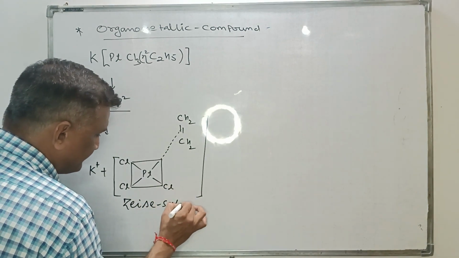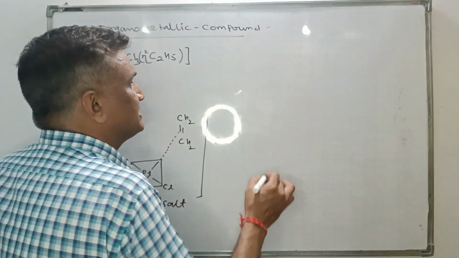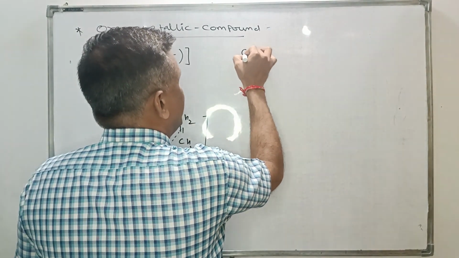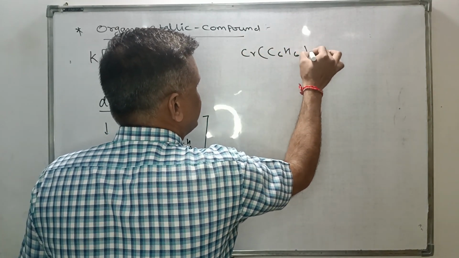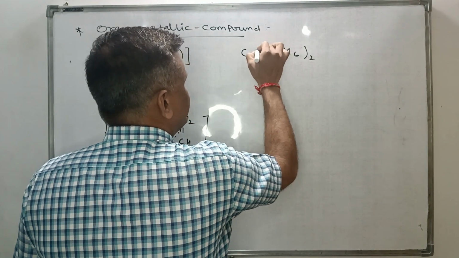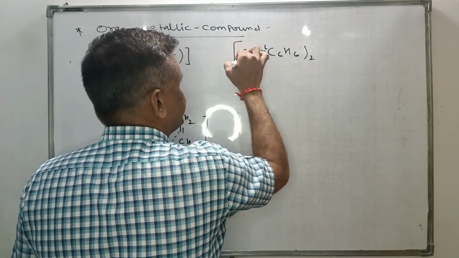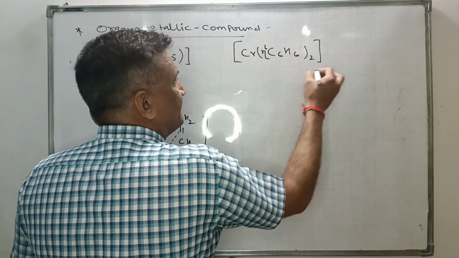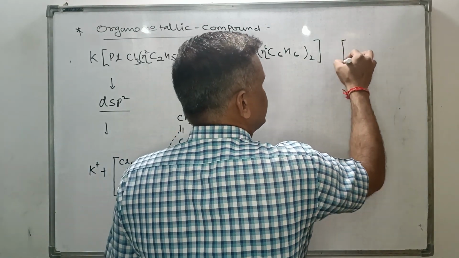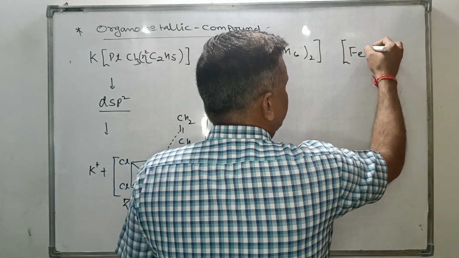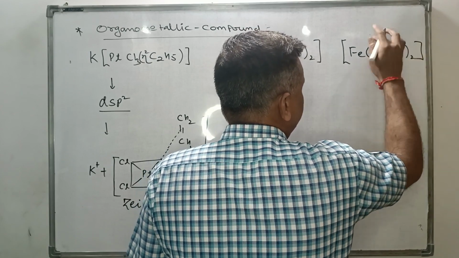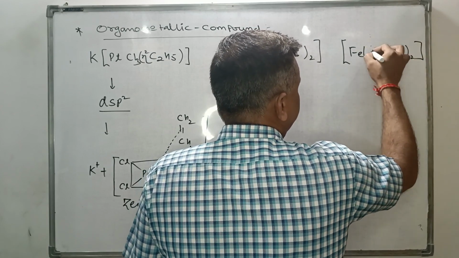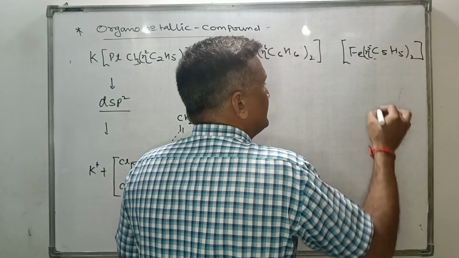Then Cr(C6H6)2, where eta 6 is used, and Fe(C5H5)2, which is eta 5.